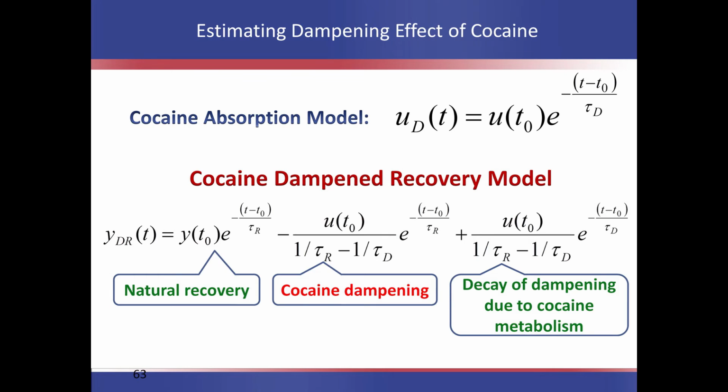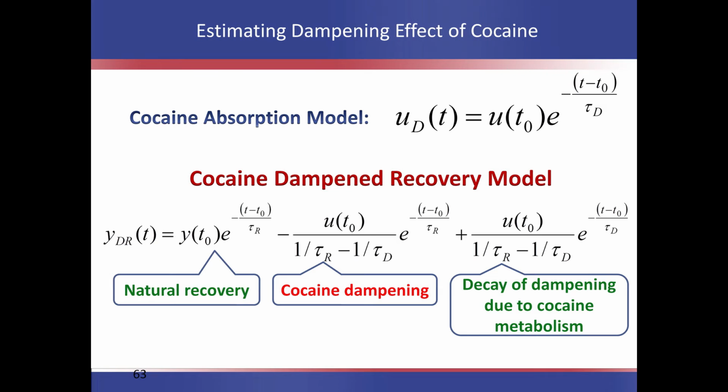In this case, we have two additional terms. The first term, as you see, is for the natural recovery, that means cocaine-free recovery. The second term is the SNS activation, which is trying to dampen the recovery due to cocaine in the bloodstream. But this cocaine in the bloodstream is actually being metabolized at an exponential rate.